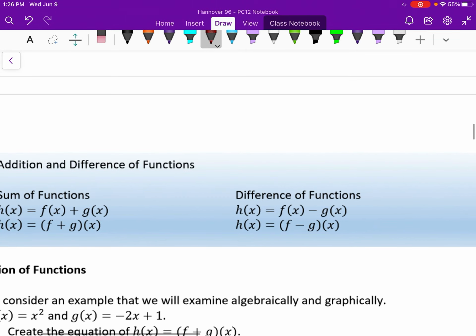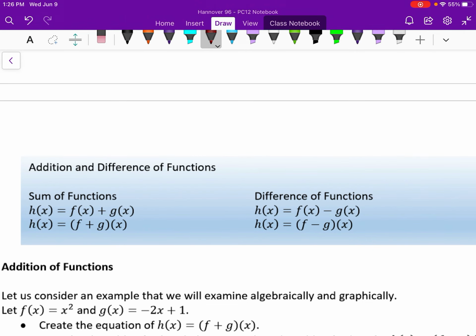So, the addition of functions: h of x is equal to f of x plus g of x. We can also write the addition of functions as f plus g of x.